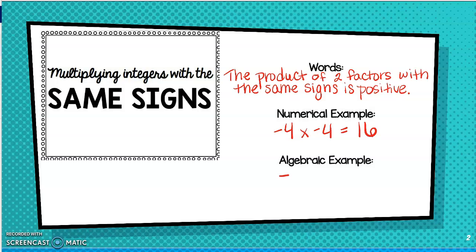So it would be like -a times -b would equal a positive answer. Same thing with a positive variable times a positive, oh, sorry, that's supposed to be b. A positive variable will be a positive answer.